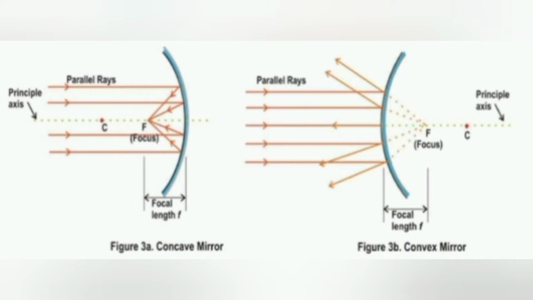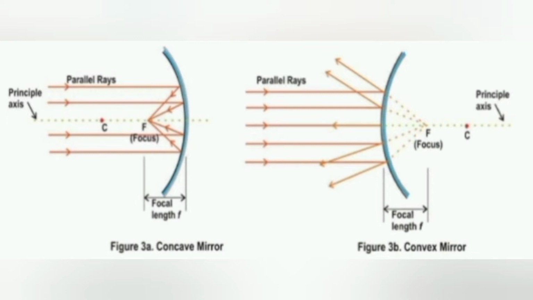In a convex mirror, all the reflected rays appear to come from a point on the principal axis. This point is called the principal focus of the convex mirror. It lies behind the convex mirror and is represented by letter F. The distance between the focus and the pole of the mirror is called the focal length.